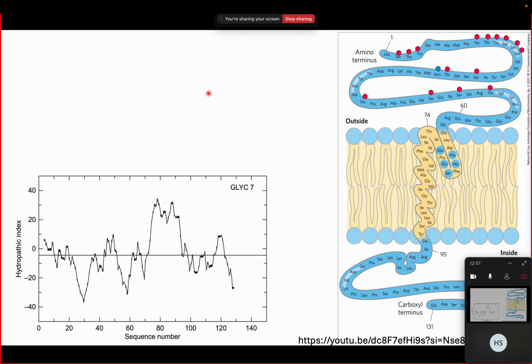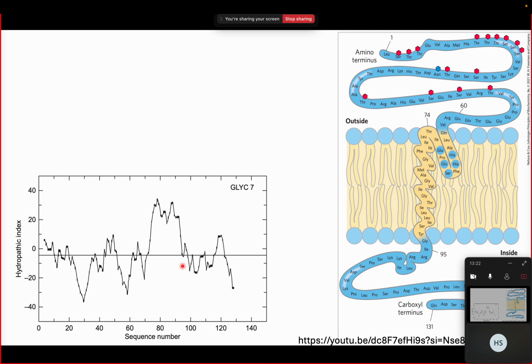And then we discussed one such protein, glycophorin, and we could easily see that the patch which is highly hydrophobic, that is, which has a positive hydropathy index, belongs to the residues which are highly hydrophobic, and they can be seen in the hydropathy plot itself, right? You can see that this is the stretch which I am talking about.